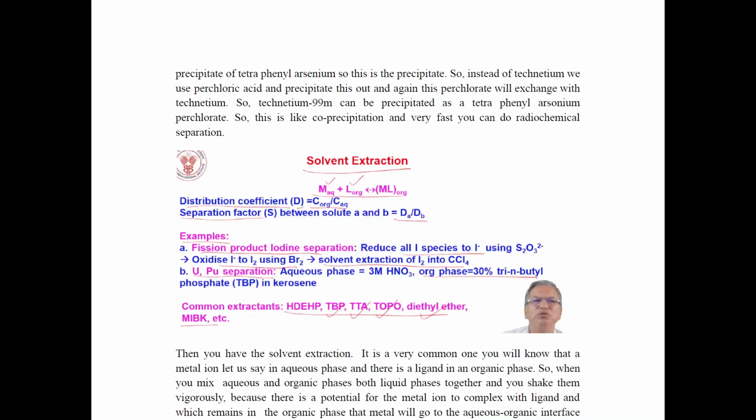In chemistry, the distribution coefficient is the ratio of the solute concentration in the extract phase to the concentration in the raffinate phase, basically. So you have this C organic. Similar to the partition coefficient. Yes, exactly, the partition coefficient.